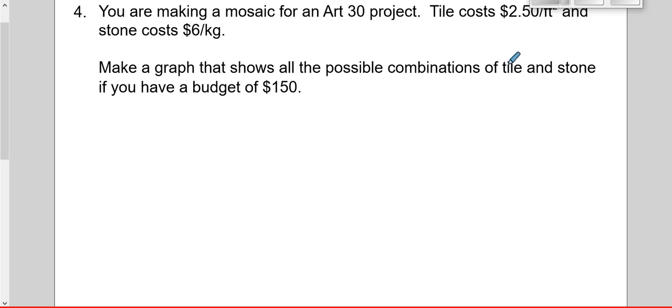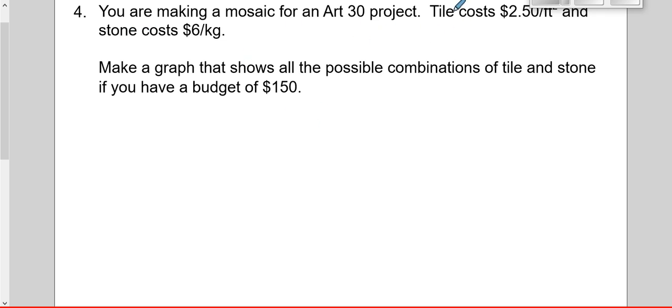You may spend all the money on tiles only, or you may spend all the money on stone only, or you may split that up, spend some money on tiles and then the rest on stone. Okay, so do we know how much money we should be spending on tiles? Nope. Do we know how much money we should be spending on stone? Nope.